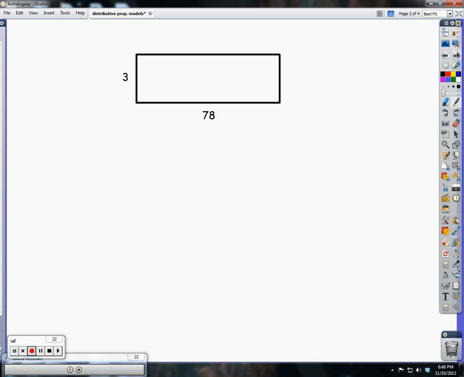Now, let's look at the same idea, but with a rectangle that has no squares in it whatsoever. So we would multiply 3 times 78.